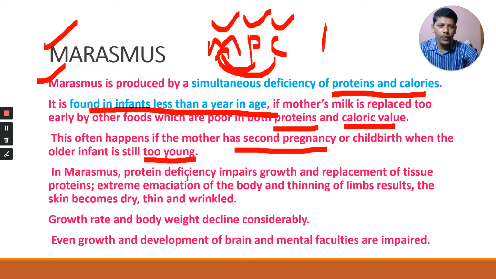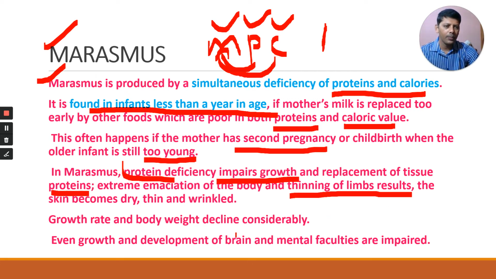In marasmus, protein deficiency impairs growth, repair and replacement of tissue. Proteins are not replaced, and growth is also impaired. There is extreme emaciation: the child becomes very lean and weak, with thinning of limbs, and the skin becomes dry, thin and wrinkled.